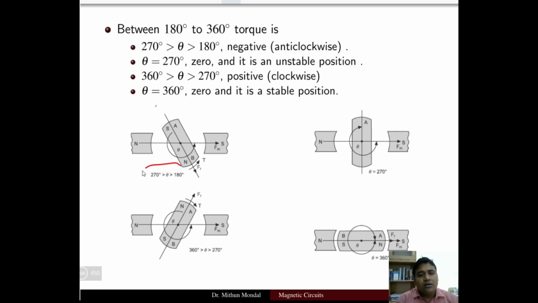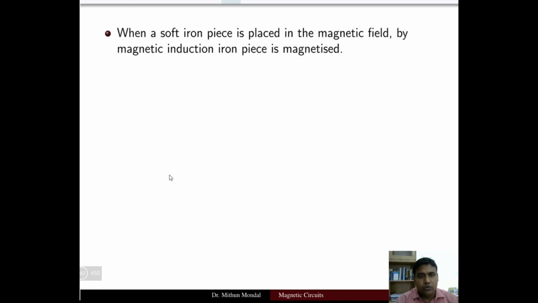The phenomena can be shown with the help of a diagram, similar to what we showed in the previous case, where both the main magnetic field Fm and the field of the soft iron piece can be looked into. When a soft iron piece is placed in a magnetic field, by magnetic induction the iron piece is magnetized. So we have seen the rotation of the soft iron piece.